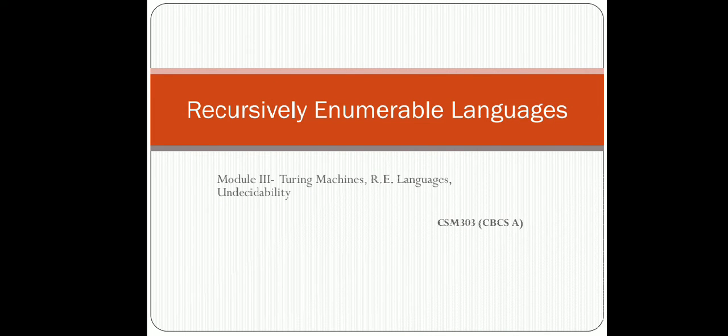In today's discussion, we will see the languages that are accepted by Turing machines. These languages are called recursively enumerable languages, and we will see the meaning of enumeration and why the name is so.